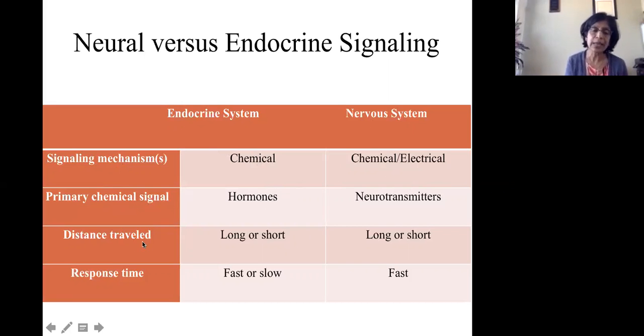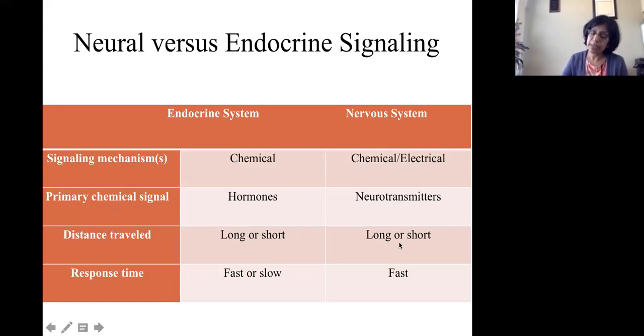Distance traveled is about the same, long or short, for the endocrine system. Remember, hormones could travel in the blood throughout the body, or they could have a target very next to them, like the hypothalamus and pituitary. In the nervous system, the distance traveled could also be long or short. For neurotransmitters, it's not a long travel typically.